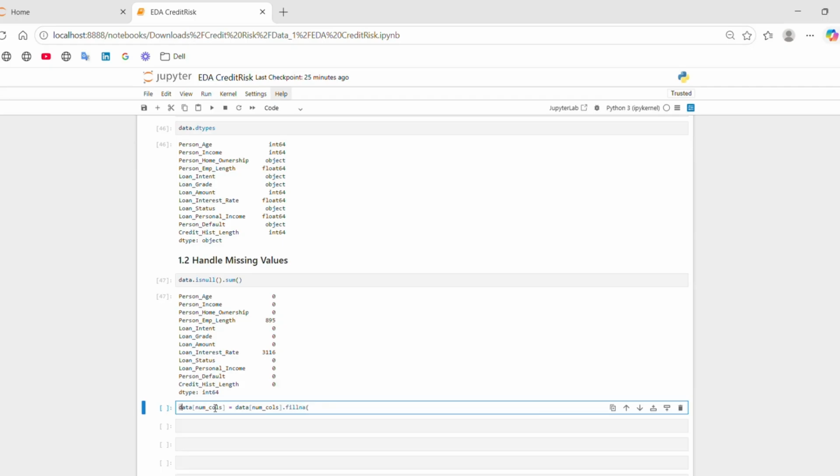For that we'll use the command fillna, which we already discussed in our previous Python classes, and I'll replace it with the median.